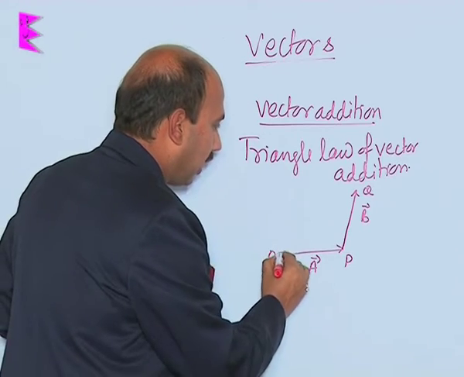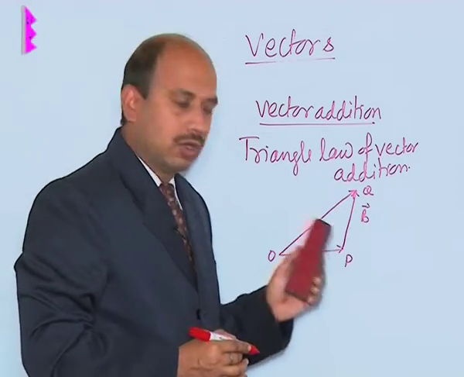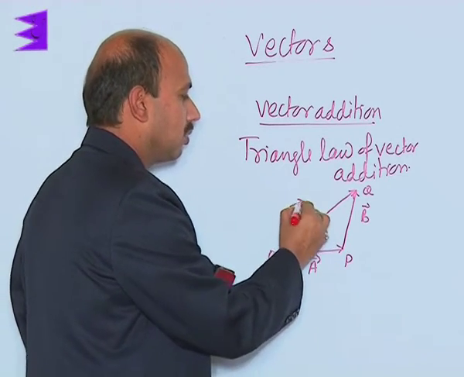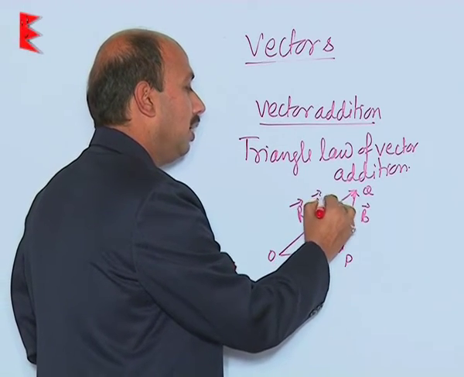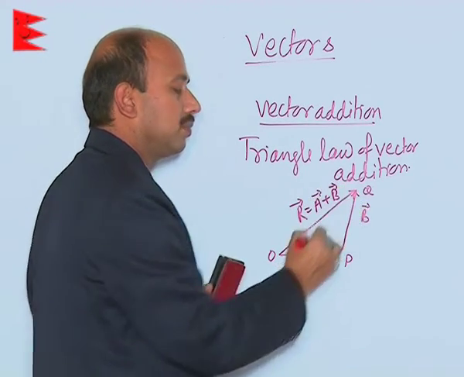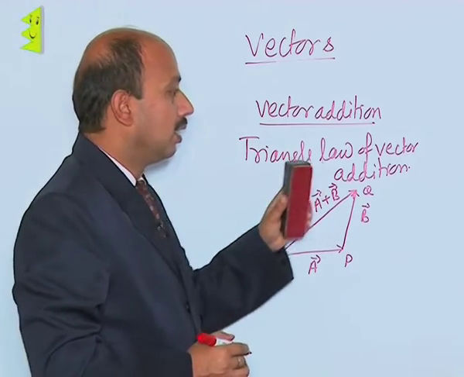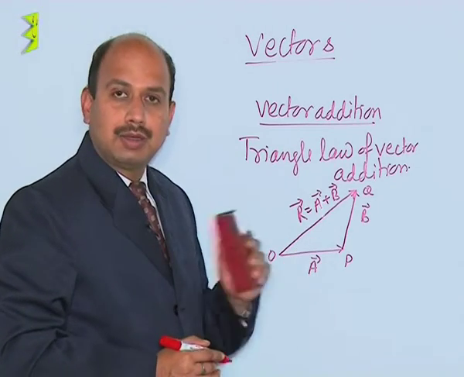Then the third side, which closes the triangle, taken in opposite order, is known as the resultant of these two vectors. So this is R, and R is equal to vector A plus vector B. So we can add two vectors by the triangle law of vector addition. This I have taken geometrically.